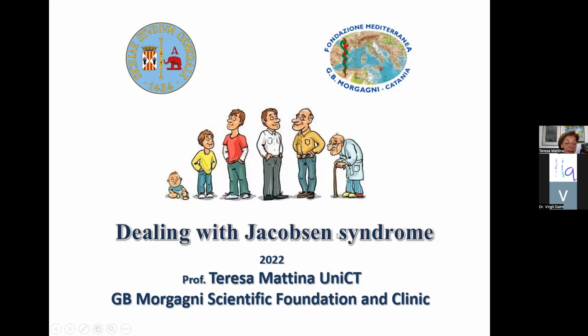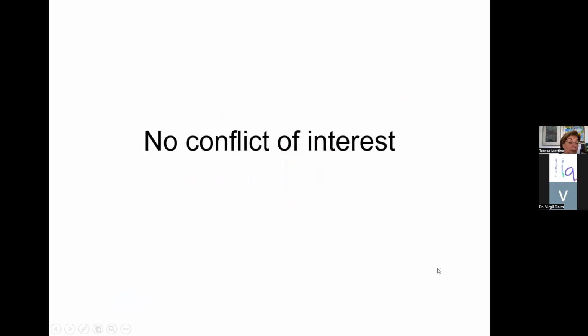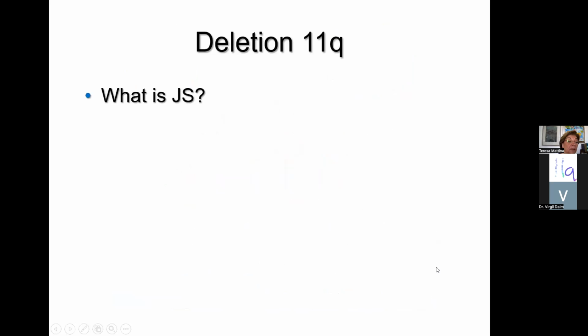I'm going to speak about what the problems are dealing with Jacobsen syndrome. First, I don't know how many of you are new to Jacobsen syndrome. I know that some of you know very much, maybe more than myself, about it.